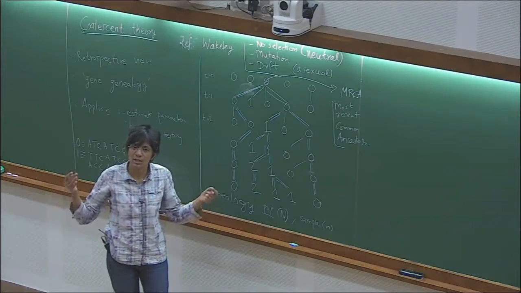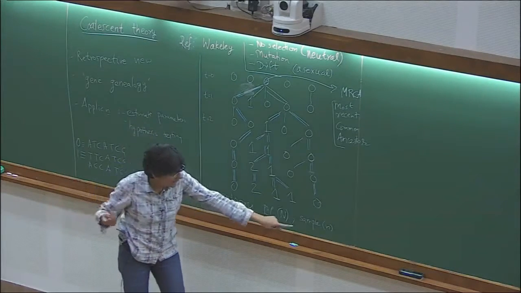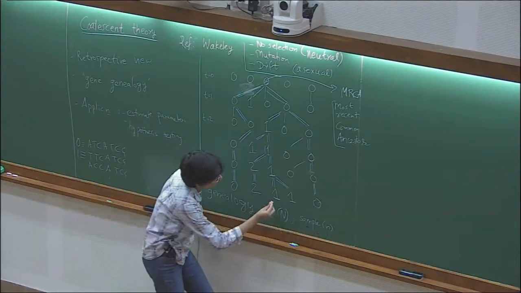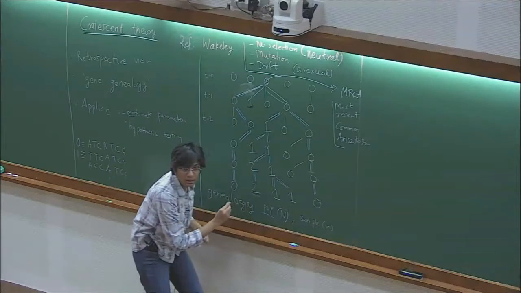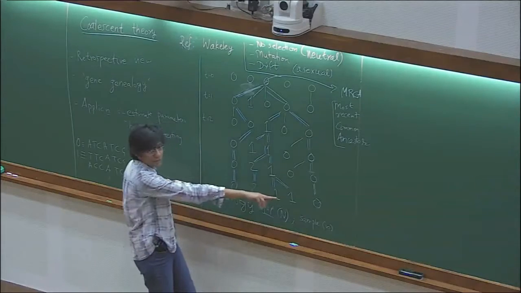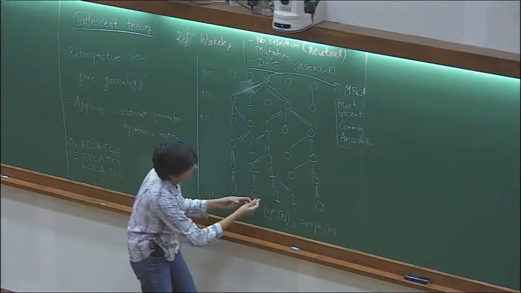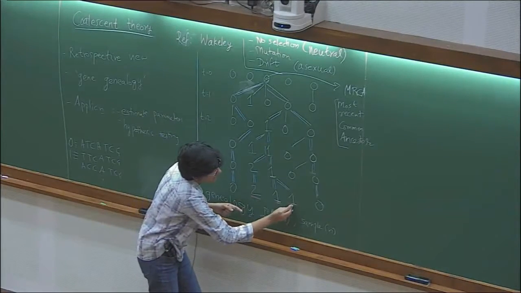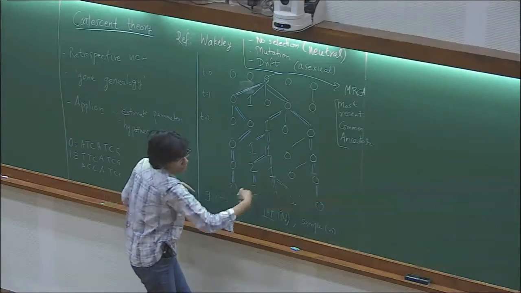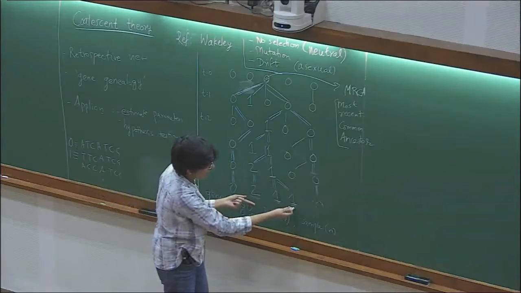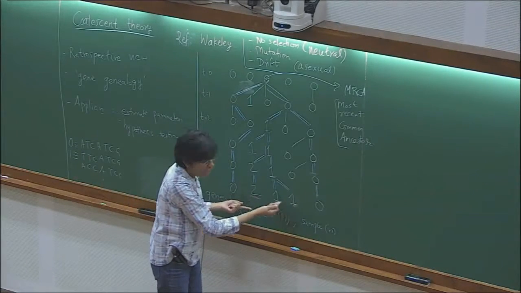So suppose I was given this sample. Capital N is the total population size, which is 5 in this case. So suppose this is 3. Let's say this one, and this. The whole population is huge, and now you just give me these 3 samples. Just the same way, I can construct the sample genealogy.